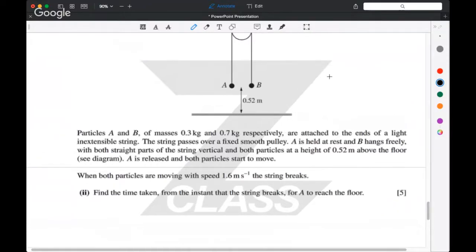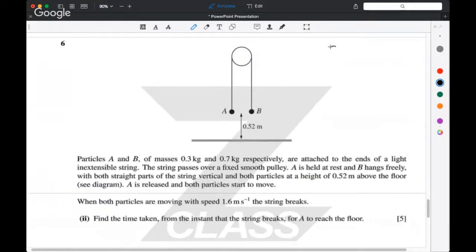So we have some situation a little later on, and maybe A is up here, and B is down there, and it's gone up some distance s. And now the string gets broken. So at this point, it's moving at some velocity, 1.6 in fact.